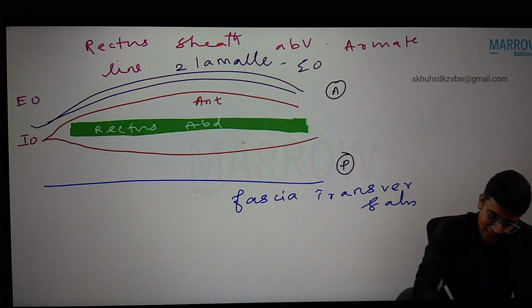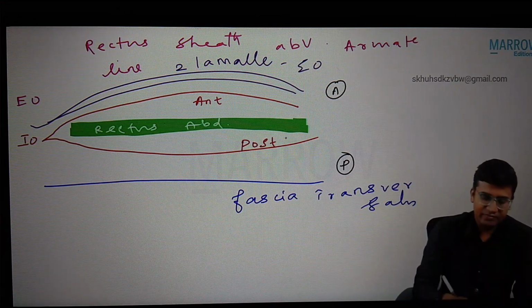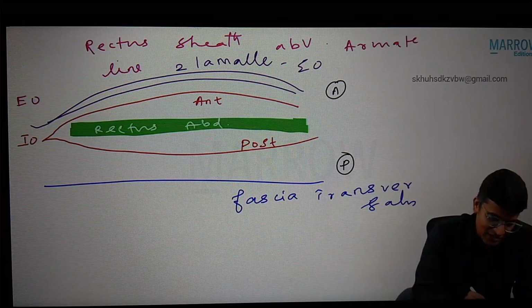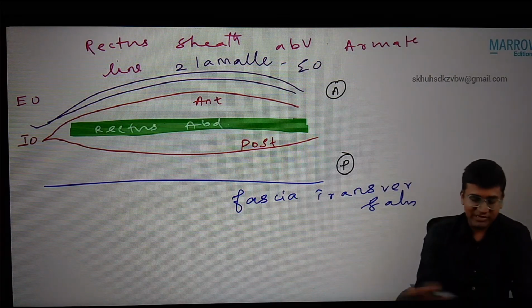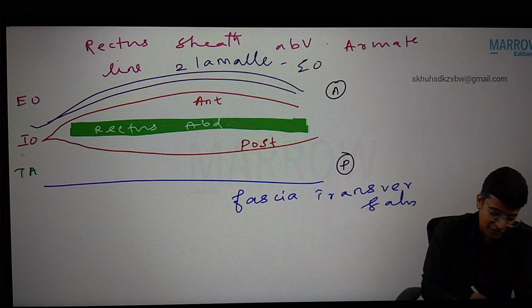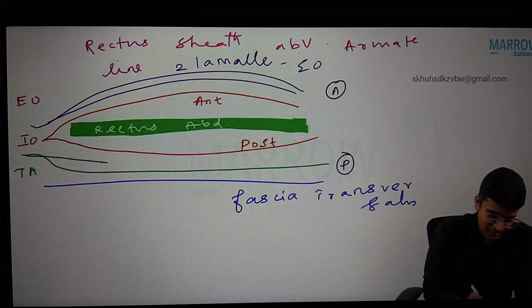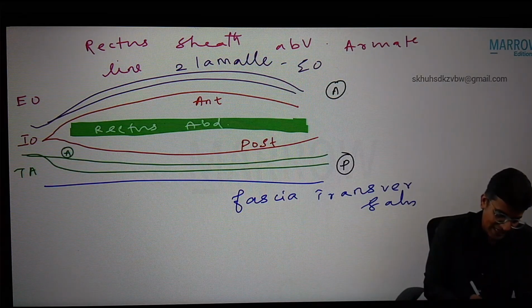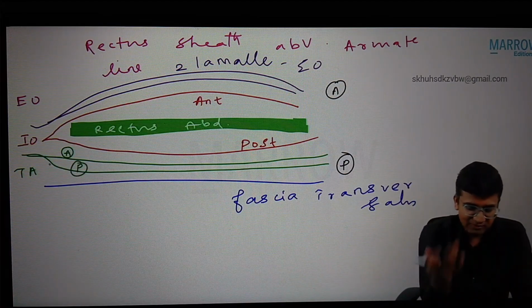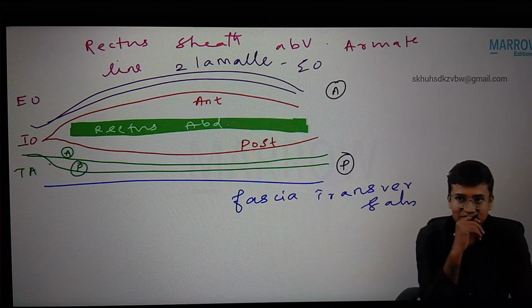Now the two lamellae of transverse abdominis pass posteriorly. This is the anterior lamella and this is the posterior lamella of transverse abdominis. They are passing posteriorly.